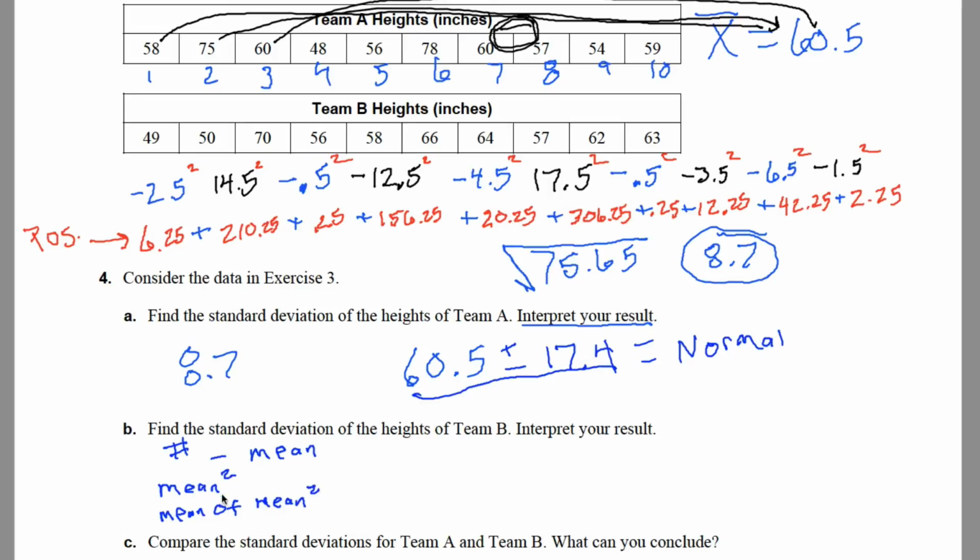In other words, you find the average of those, step 2, and then you take the square root of that answer. So that is how you find the standard deviation. And part C wants to know what we can conclude. In other words, what's the difference between the standard deviations and what does that mean?